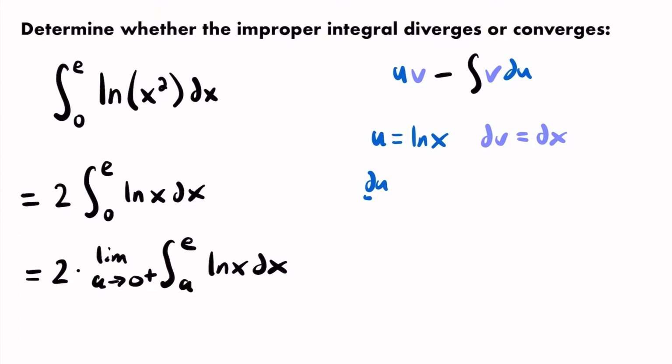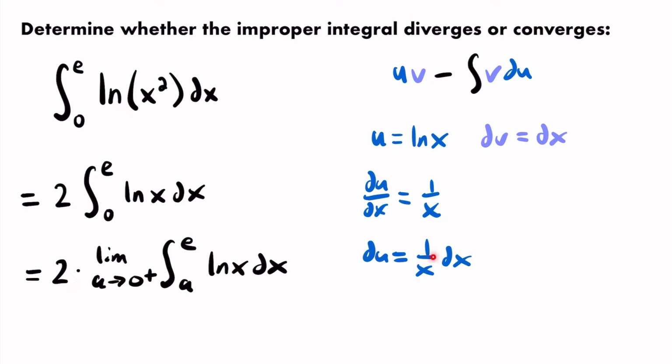So we get du dx, the derivative of u with respect to x, is equal to the derivative of the natural log of x, which is just 1 divided by x. And then what we want to do is solve for du, because we're going to need that, as you can see from this formula. So we want to multiply both sides of the equation by dx. And so we'll have du is equal to 1 divided by x dx.